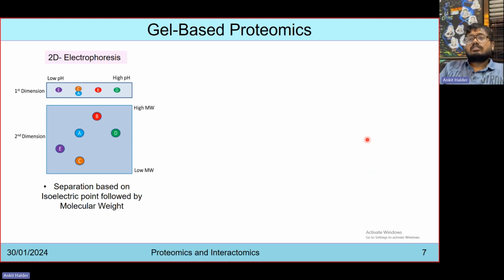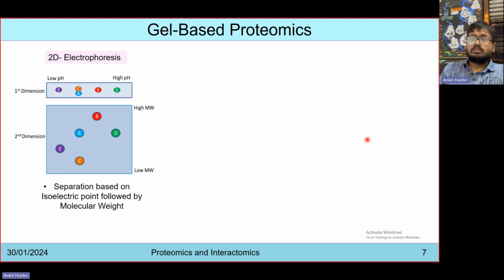The simple logic was to divide it into two dimensions, where the first dimension is used to divide the proteins by another property, and that property was the isoelectric point.